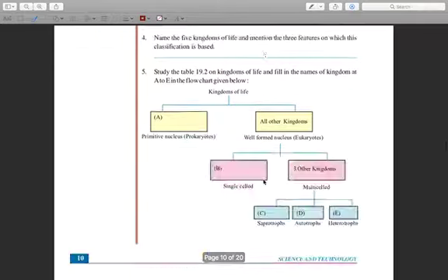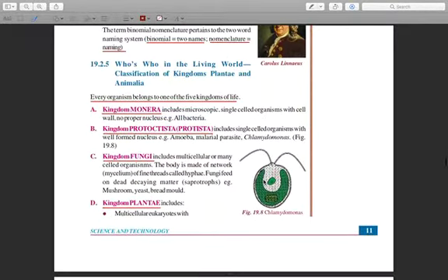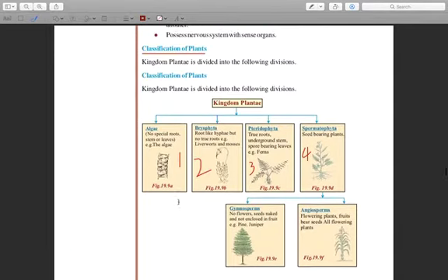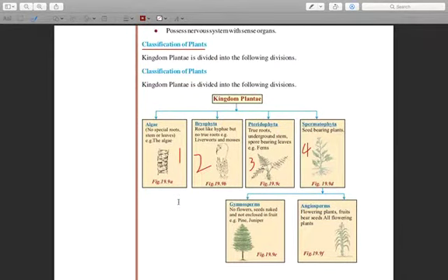Then we saw an explanation of the kingdom Monera and all these 5 kingdoms. Then classification of plants. In this lesson, we are seeing only 2 kingdoms, that is Plantae and Animalia, in detail.